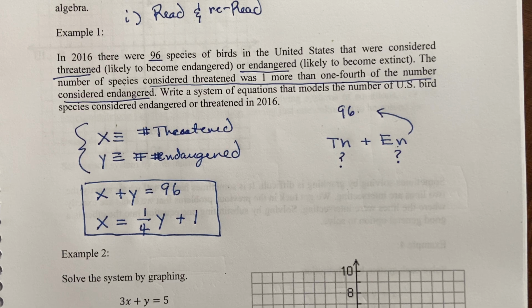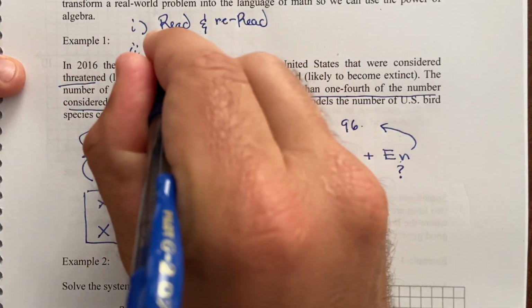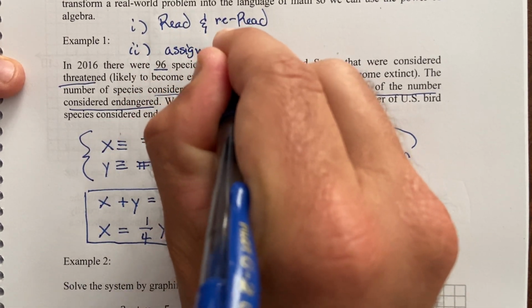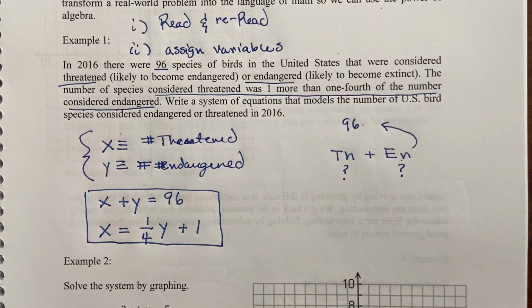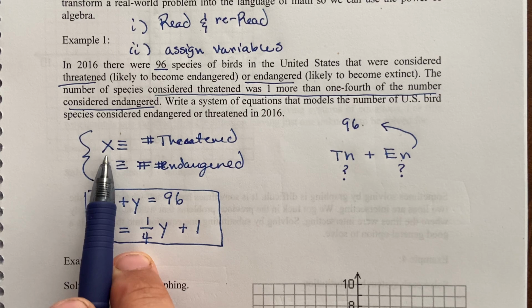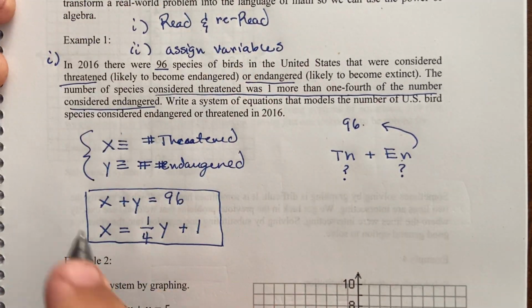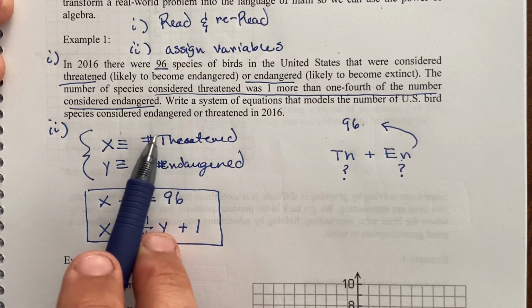So read and reread. What we did second was assign variables to the things you're looking for. That's what I did here. So read and reread, that's going on in here. And then this was my part 2, where I assign variables.